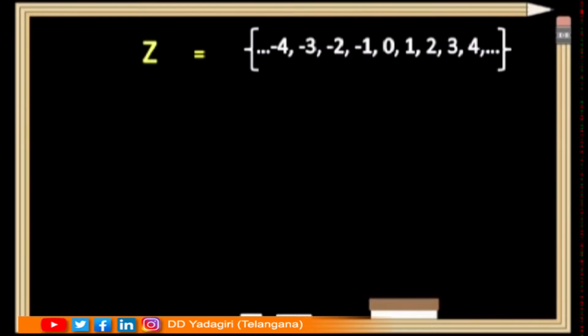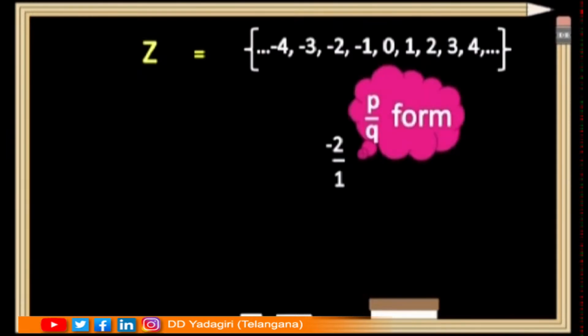Now let us observe the set of integers. Do these integers belong to the rational numbers? Can we check? Take one number, minus 2. Minus 2 can be represented as minus 2 by 1, which is of the form p by q, where p is minus 2 and q is 1, both are integers and q is not equal to 0.